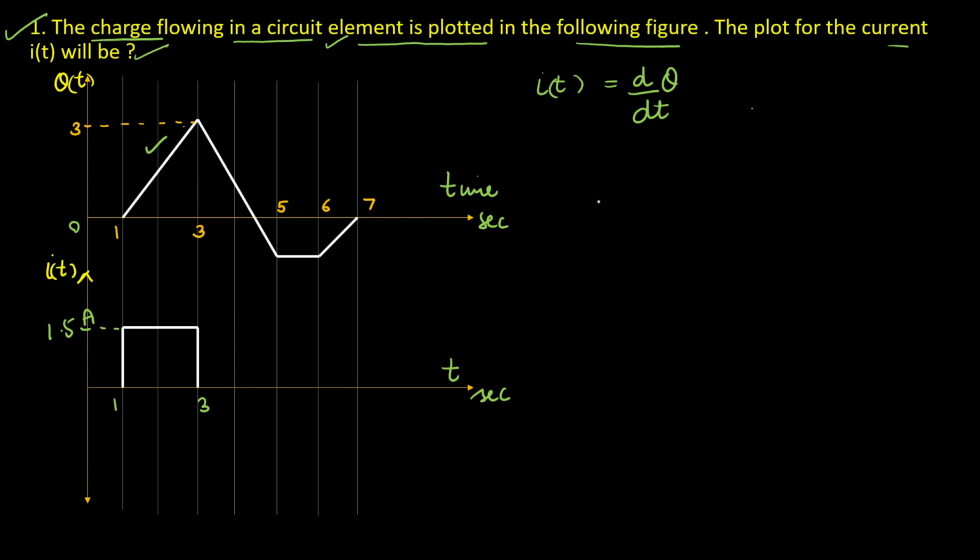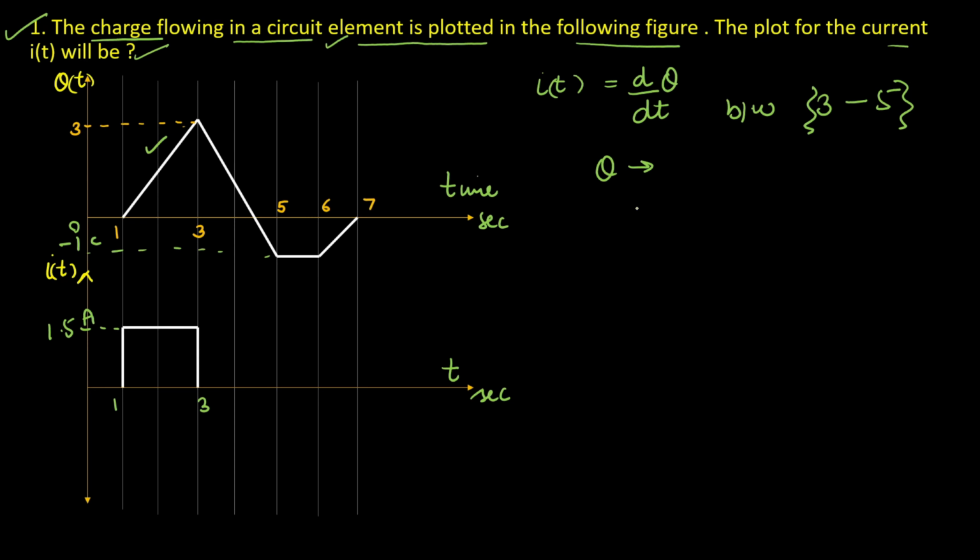Between the interval 3 to 5, we are getting a straight line. The equation of the charge will be a straight line with a negative slope, going from 3 to minus 1 coulombs.